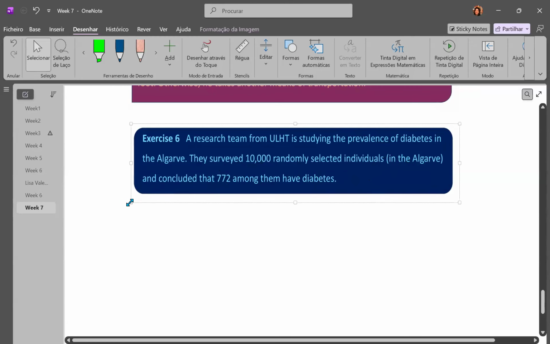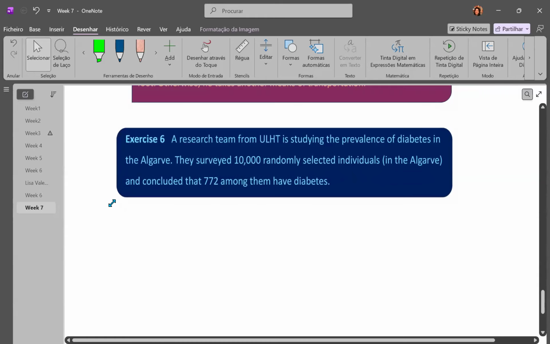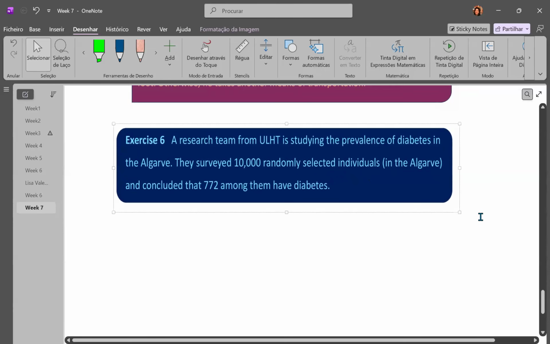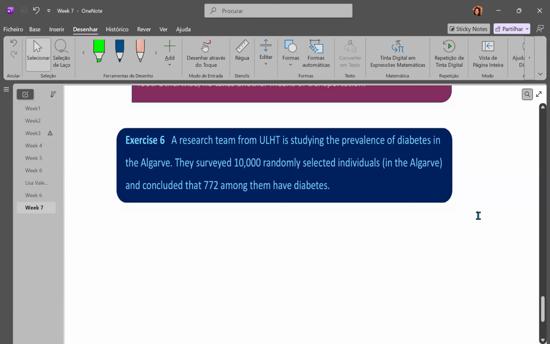Okay. Now, we need to do the following. Firstly, we will write the Bernoulli that describes the random experience that occurs when we survey one of these 10,000 people that were randomly selected.